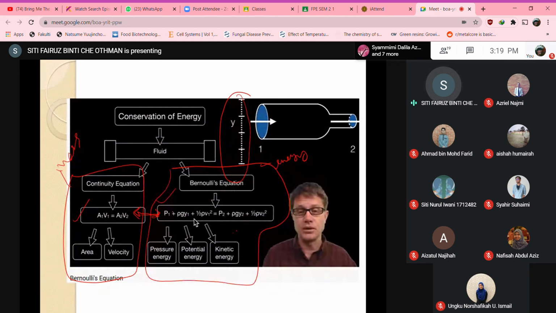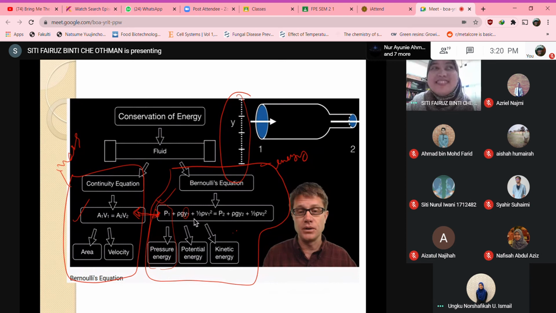So the first thing we mentioned is pressure energy, which is P1, okay. And then potential energy, because it plays around with the height. Remember what I told you before, potential energy will always play with height. And then look at kinetic energy. Kinetic energy plays with velocity because there is motion.